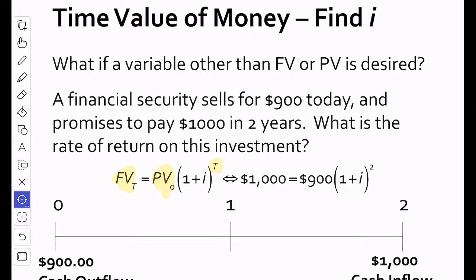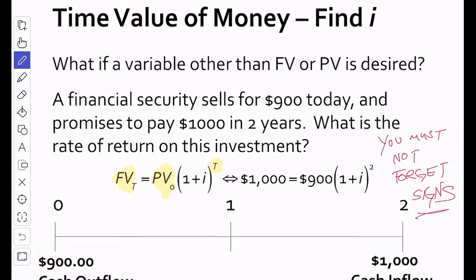Cash outflow of $900 turns into $1,000, so this is negative, present value positive, future value. And that's important. Can't forget about the signs, or you won't get an answer. You'll get an error on the calculator.